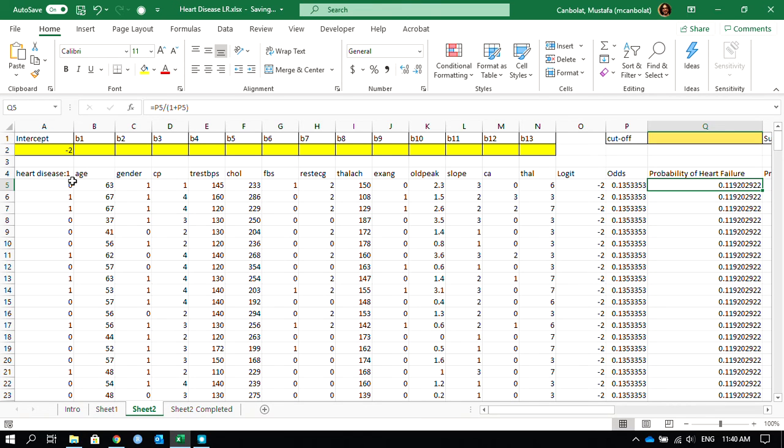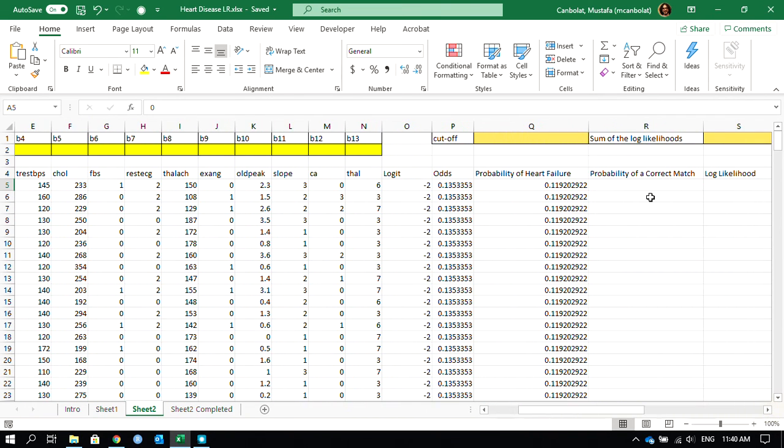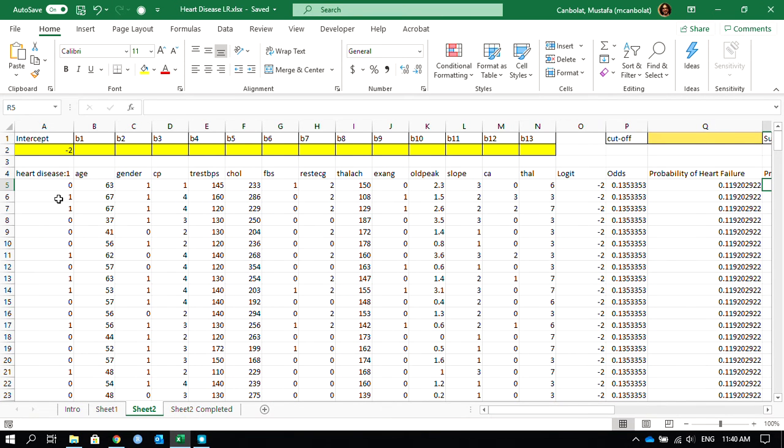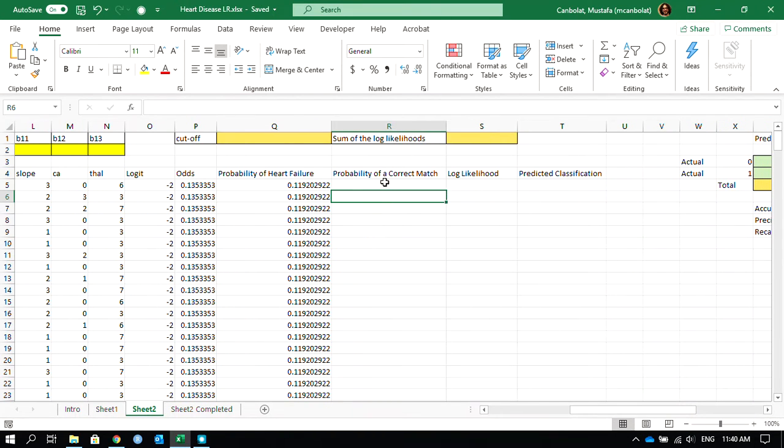But what is then the probability of correctly guessing that this person doesn't have it, the 0? If the probability of 1 is 11.9%, the probability of getting 0 is 1 minus this. And for this person it is 1 minus this probability, but for the next person, the person has a heart disease, so this is going to be the 11.9% correct match probability.